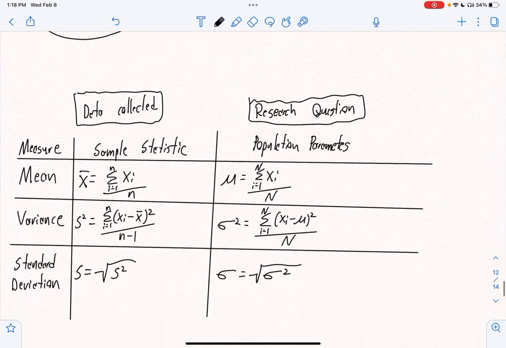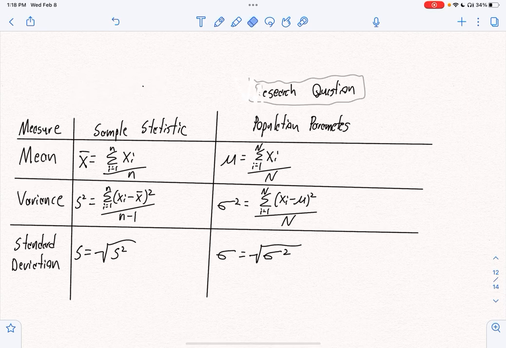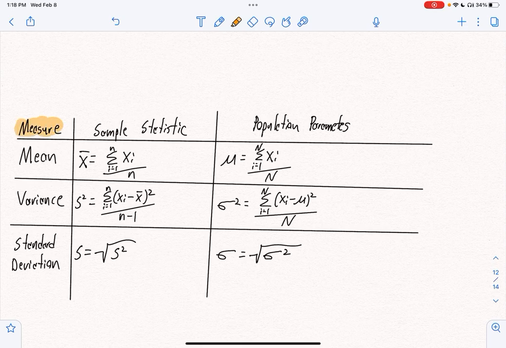So here's a table. So we have our measures. We've calculated these things multiple times. So we've got the mean, the variance, and the standard deviation. We should be familiar with the second column: the sample average, or the sample mean, the sample variance, and the sample standard deviation.